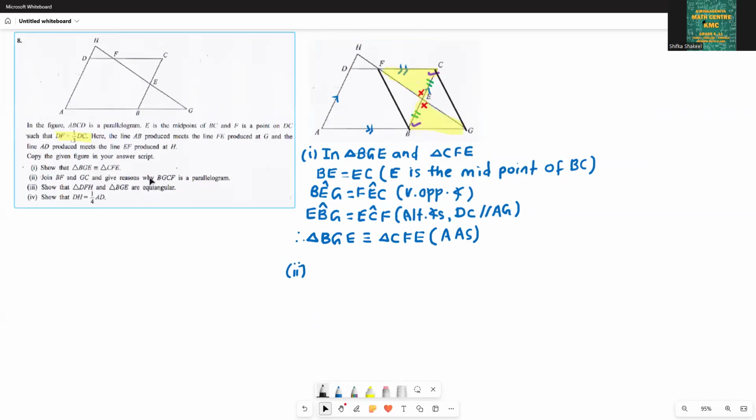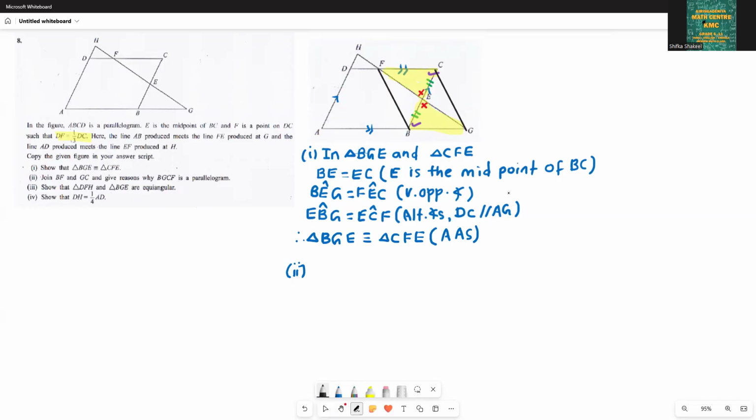And give reasons why BGCF is a parallelogram. We can show it using two things. Because already we have shown these two triangles are congruent, corresponding elements of congruent triangles are also equal.